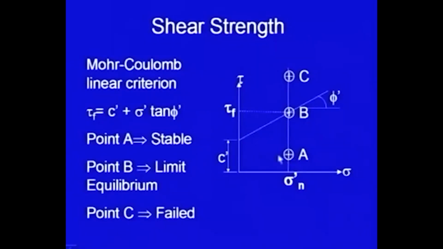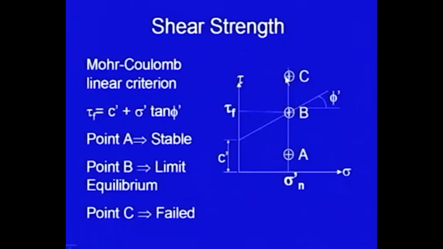This is the point A, and the y coordinate represents the shear stress. Another point I have taken is B, which is on the failure envelope, and the shear stress here is exactly equal to the shear strength tau f. I have taken it from this equation.